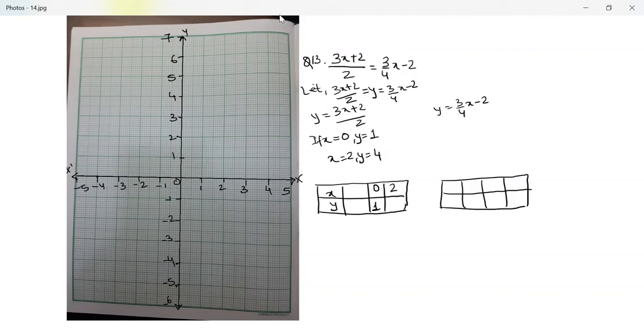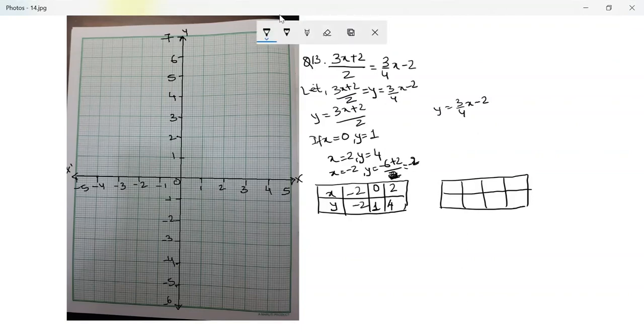So x is equal to 2, y will be equal to 4, and x is equal to negative 2, y will be negative 6 plus 2 upon 2, that's negative 4 upon 2, which means negative 2. So x is equal to negative 2, y is equal to negative 2.